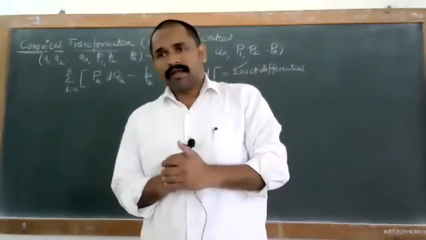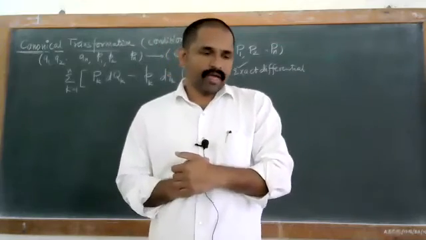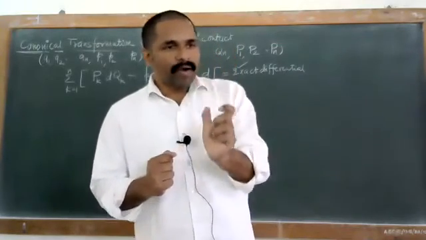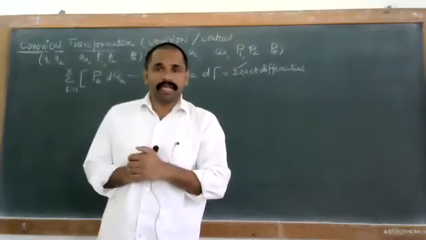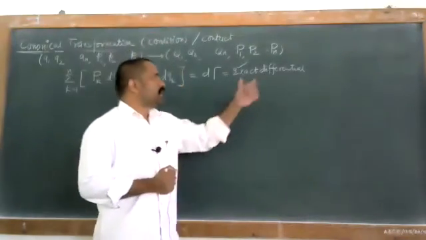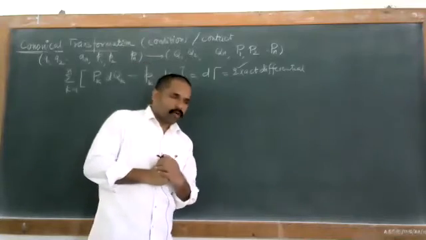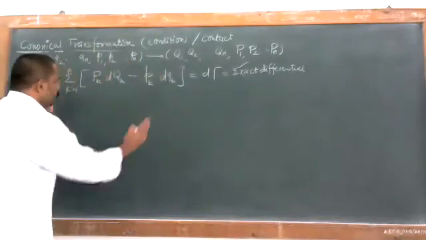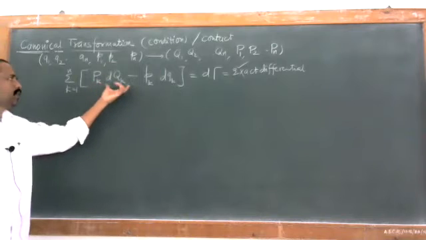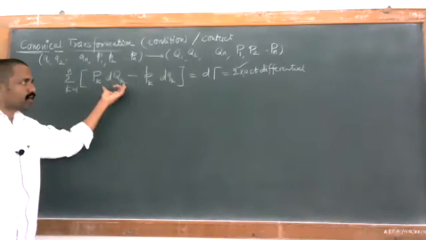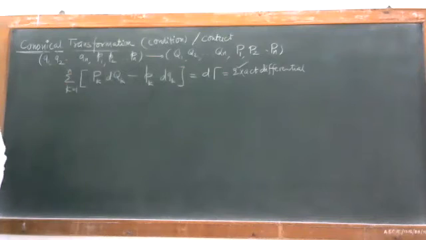So we have df is equal to M dx plus N dy. When the mixed partial derivatives are equal, then we say that it is an exact differential. Now the transformation is said to be canonical if this expression, capital P dQ minus small p dq, gives us the exact differential.